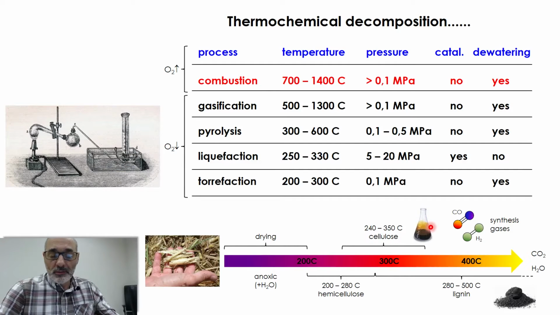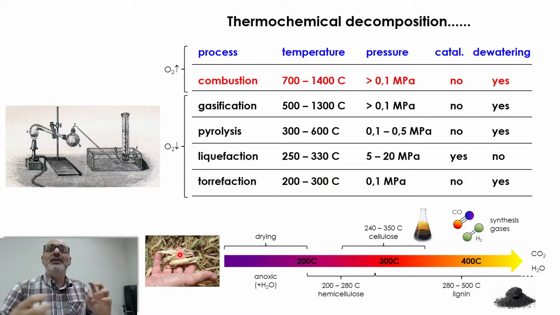You also have some oily material that you can use. So the idea is that when you heat in the absence of oxygen, these very complex molecules start to vibrate and collide with each other, and they start breaking down into small parts.